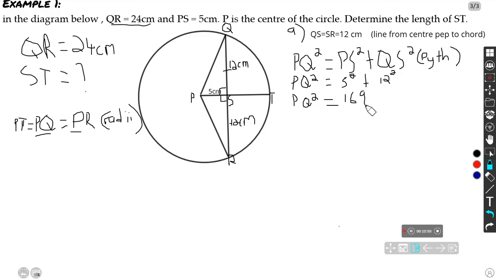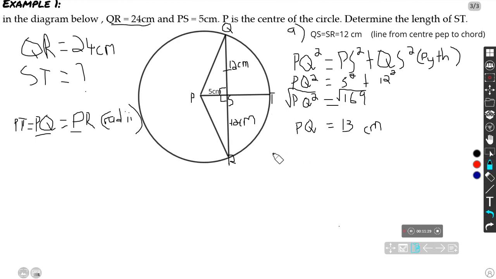But we are not finished, because we want PQ, so we take the square root. Therefore PQ is equal to the square root of 169, which is 13 centimeters. Don't forget your SI unit, guys.